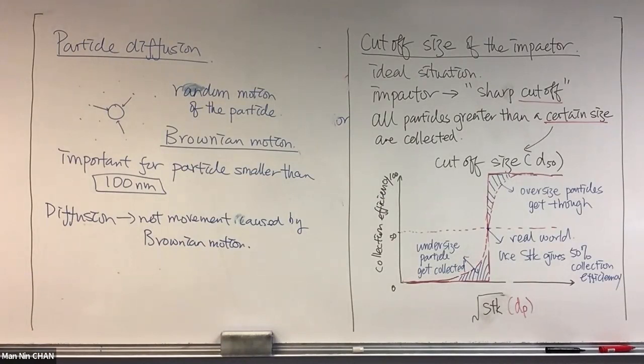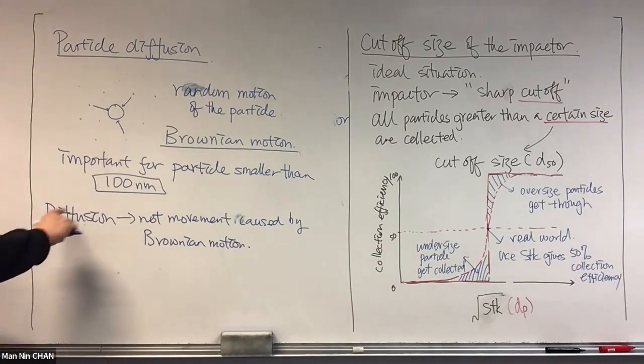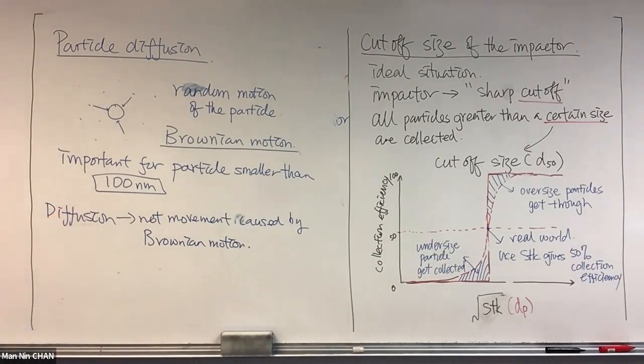Of course, we don't go into the details of how to derive the Brownian motion. You can find the details in the textbook. We show you the diffusion coefficient. Okay.